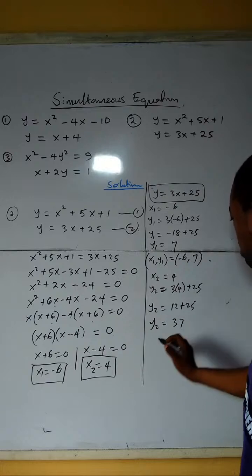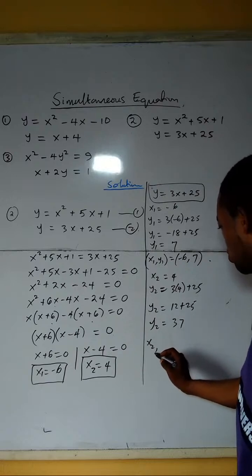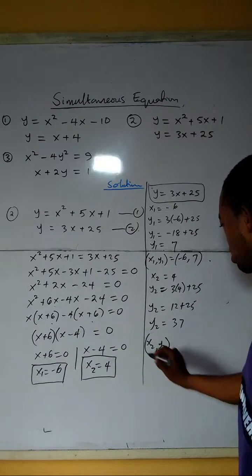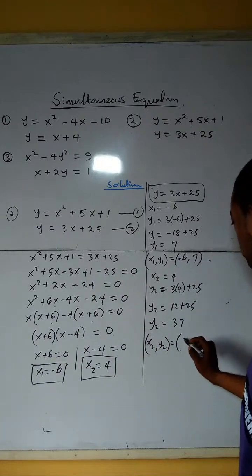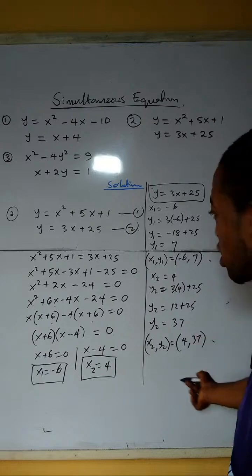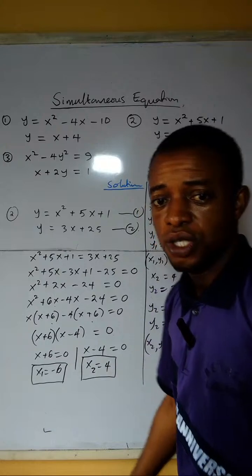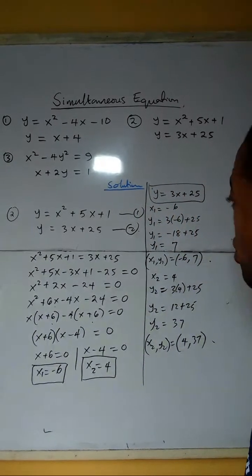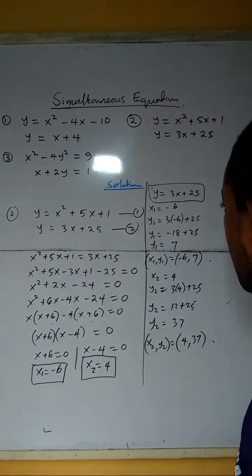So the second set of solution, x2 comma y2, is now the same thing as 4 comma 37. Now we can also check by putting in equation 2 or equation 1, and we discover this also satisfies the given problem.